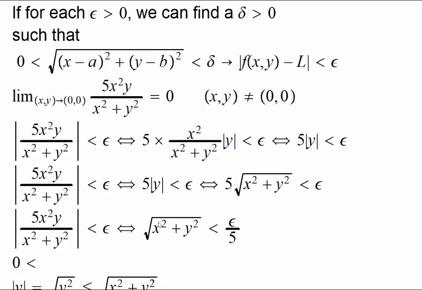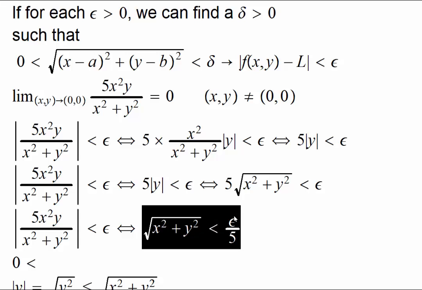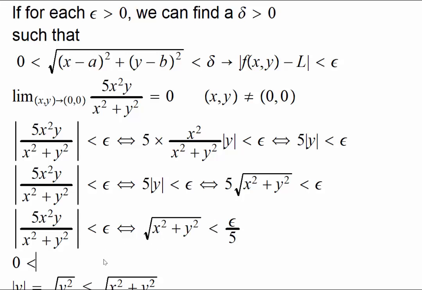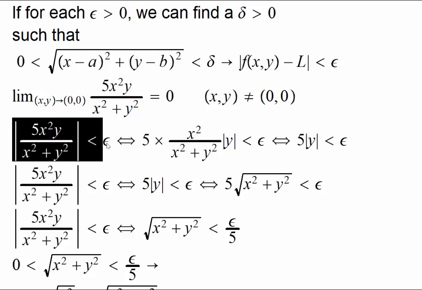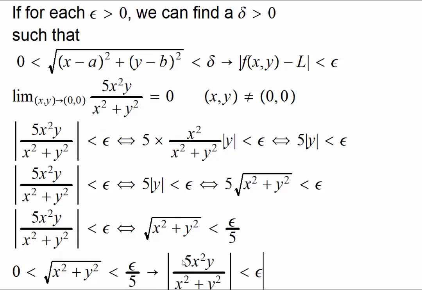That implies that the function minus 0, the distance between those two, is less than epsilon, right? So who is delta? Delta in this case comes out to be epsilon over 5. So for any given epsilon, we got delta equal to epsilon over 5.